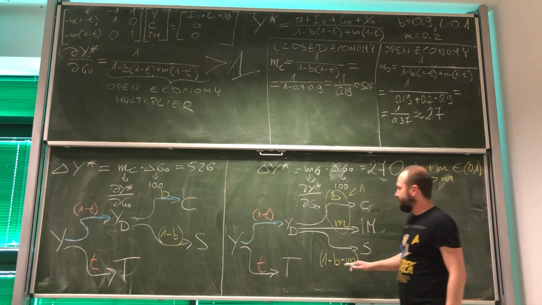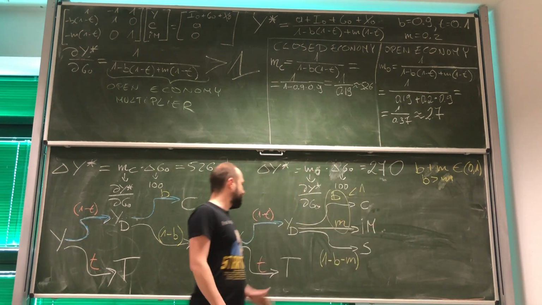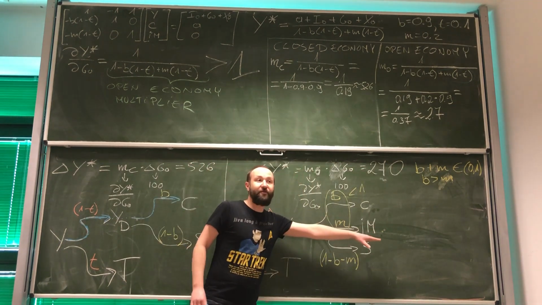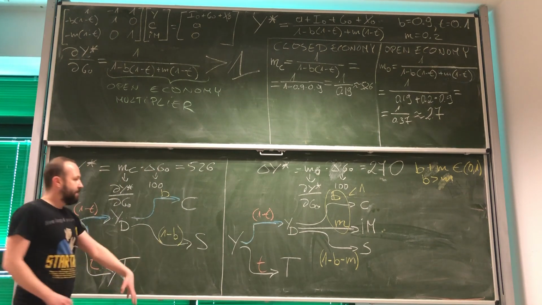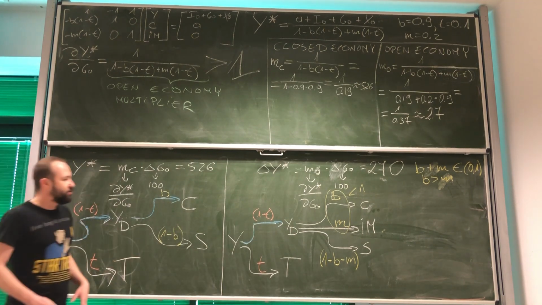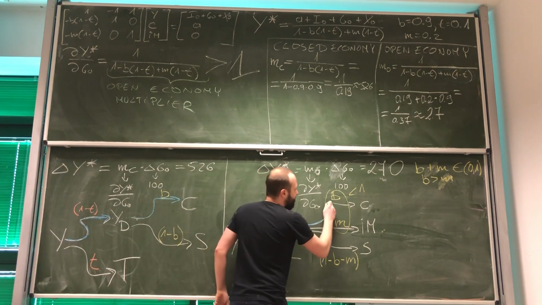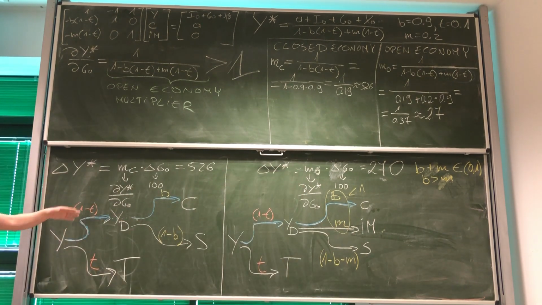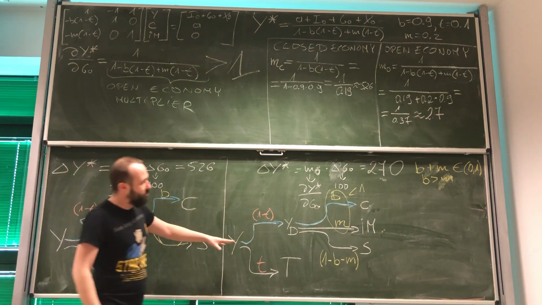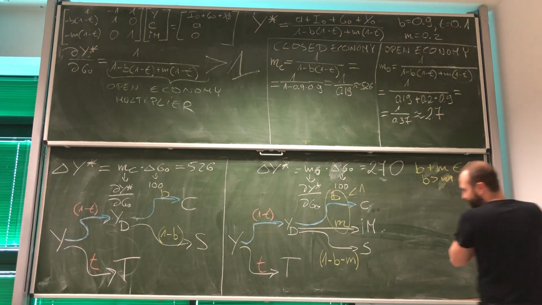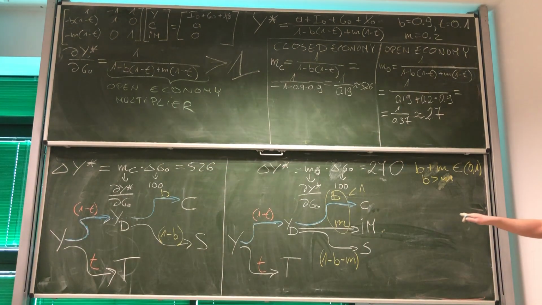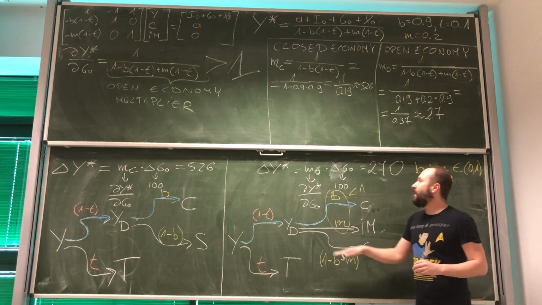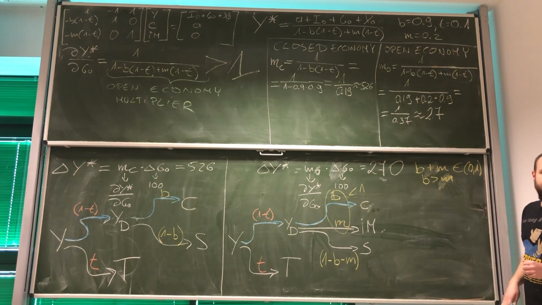So actually, this is another source of outflow of money out of our economy. So look, when we introduce imports, we've got a second source of outflow of resources out of the economy, right? And because of that, we've got a lower value of the multiplier.